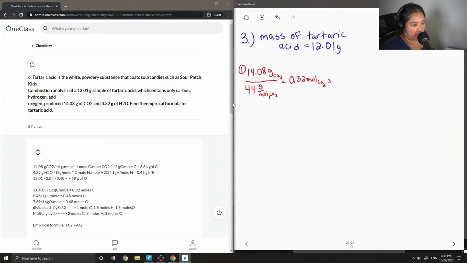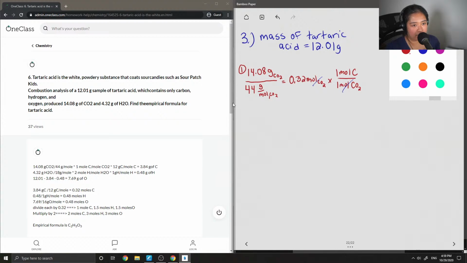So if you look at the formula for CO2, you'll see that only 1 mole of carbon is in 1 mole of CO2. So you'll see that these units will cancel out. And then to find the grams, basically I'm also going to multiply my moles by the molar mass of carbon, which is 12 grams per mole.